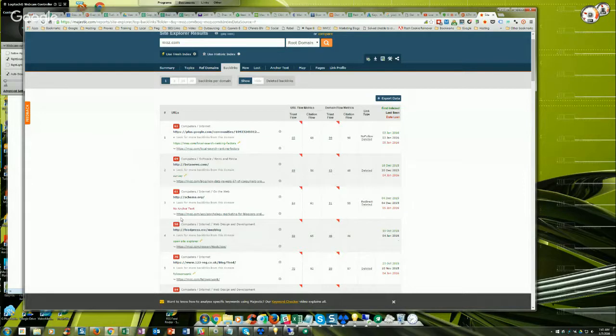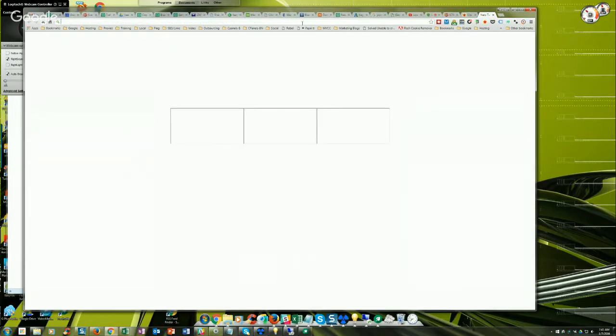Now, there's one other thing that you can do from the Wayback Machine, archive.org. You can also download the snapshots of the site that you're analyzing. So for example, let me just walk you guys through this.